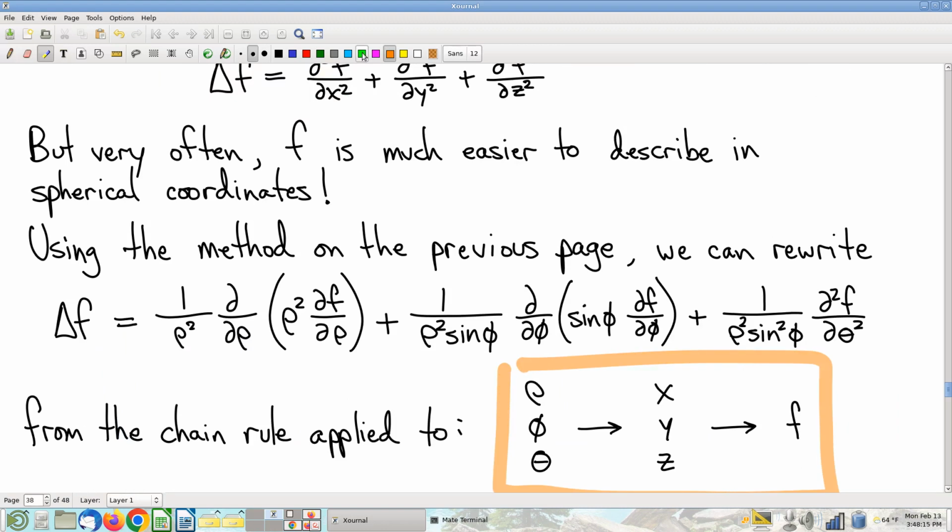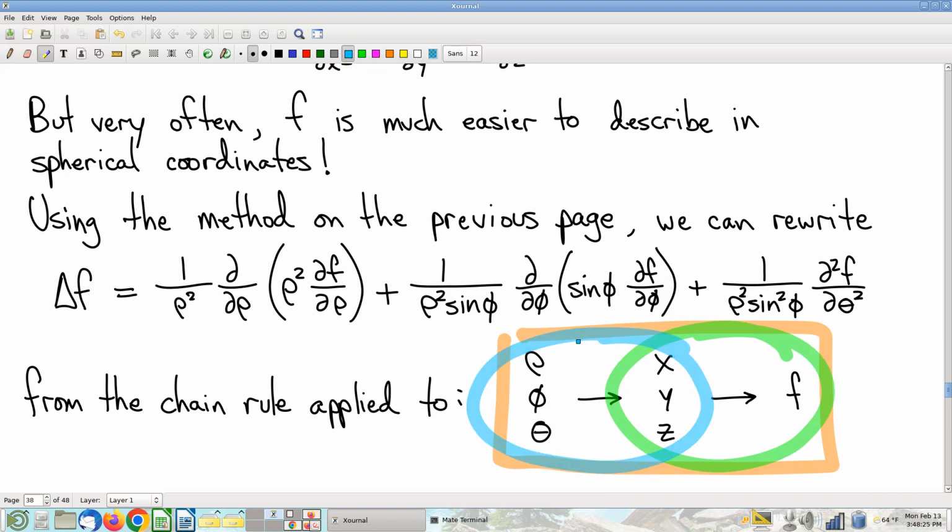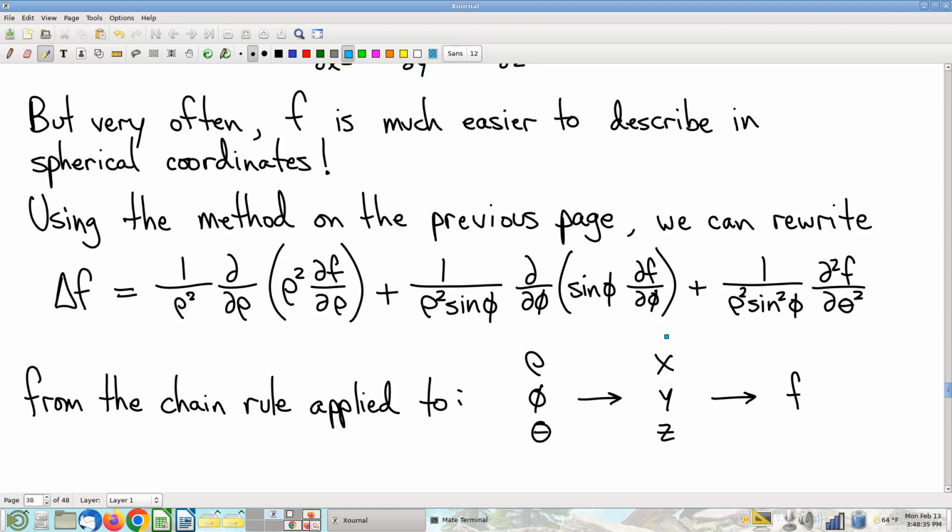Notice, in comparison to the previous page, we have a function of position, a function of rectangular variables, with the understanding that those rectangular variables are functions of different coordinate system variables, in this case spherical instead of polar. So this is highly analogous to the previous page, and I can start computing. For example, I can compute the partial of f with respect to rho.